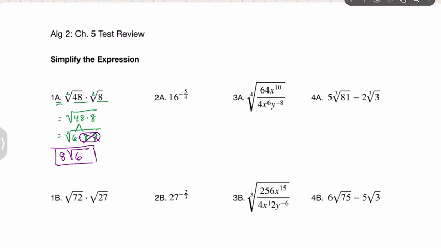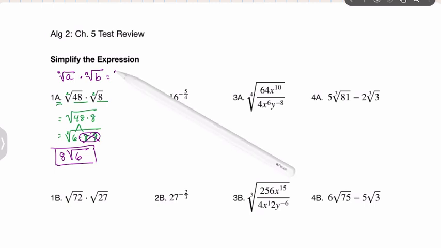This is the property of radicals for multiplication that looks like this. What this says is that if you have the nth root of some number times the nth root of another number, it's equivalent to the nth root of the product inside there. That's a really rough looking a times b, so I'm going to rewrite it.